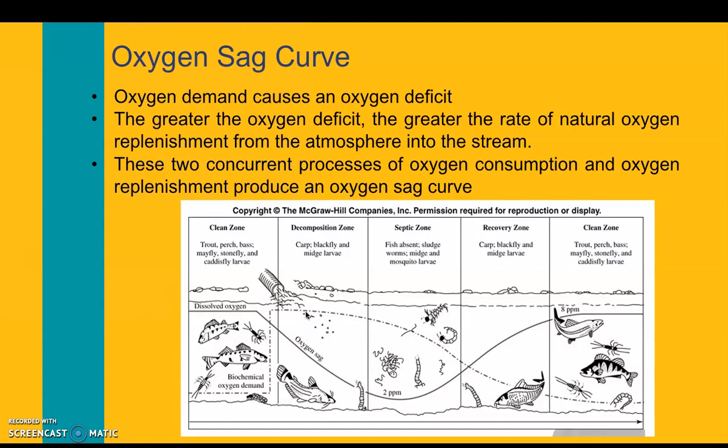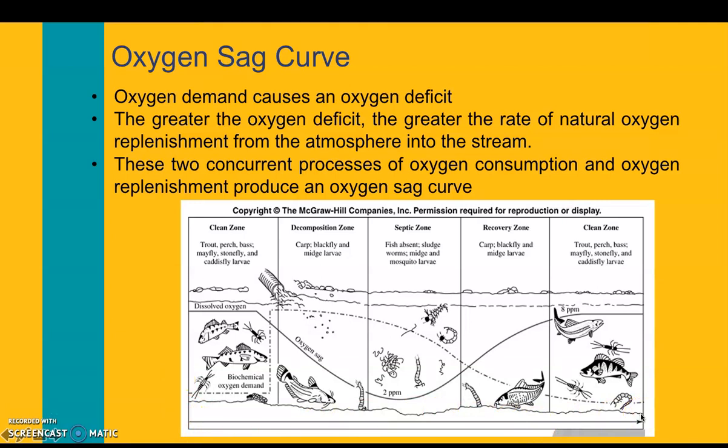The oxygen sag curve is used to describe the oxygen utilization and reaeration in the water. If you look at the figure, it's actually a graph, with dissolved oxygen on the y-axis and time on the x-axis.